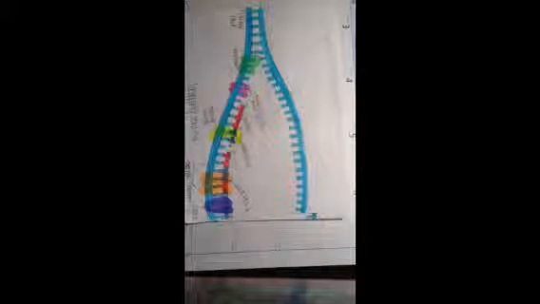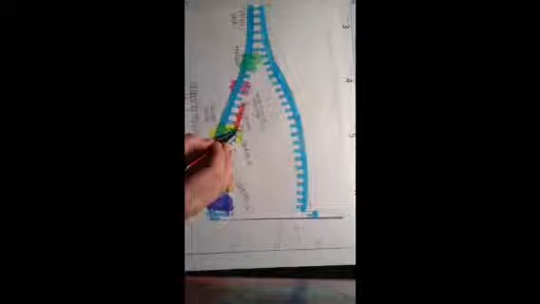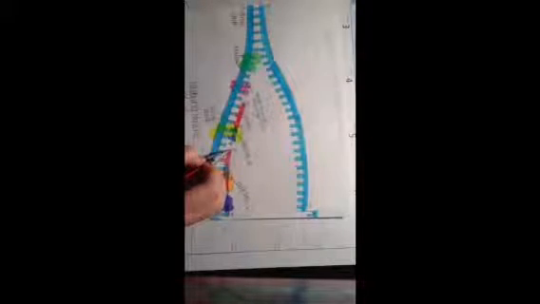Then an enzyme called DNA polymerase 1, shortened DNA Pol 1, replaces these RNA primers or RNA nucleotides with DNA nucleotides. And these DNA nucleotides are added on the 3' end of the Okazaki fragment, which would be over here, because there would be a 5' there and then a 3' there.